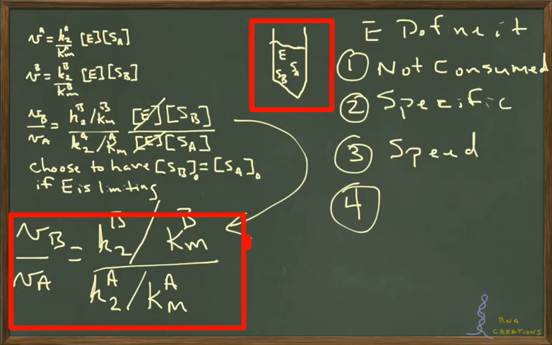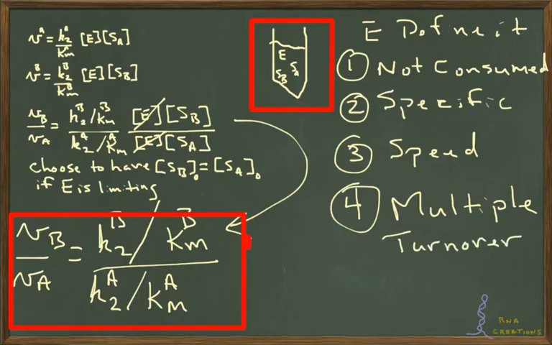And the other, I'll just give it to you, is they tend to undergo multiple turnover. So first, they're not changed, and they can undergo multiple turnover. Ribozymes, since I'm a ribozyme person, only fulfill number 2 and 3, generally speaking.